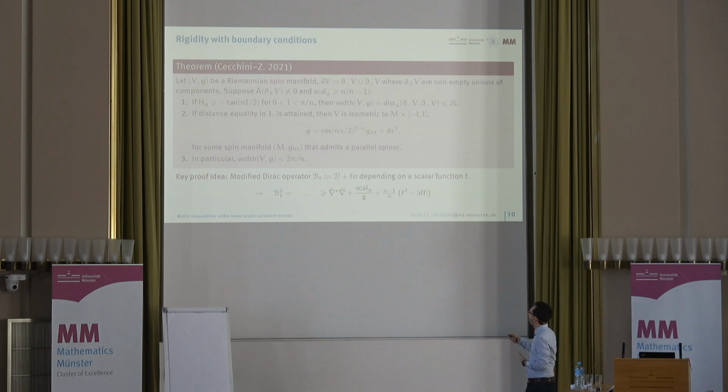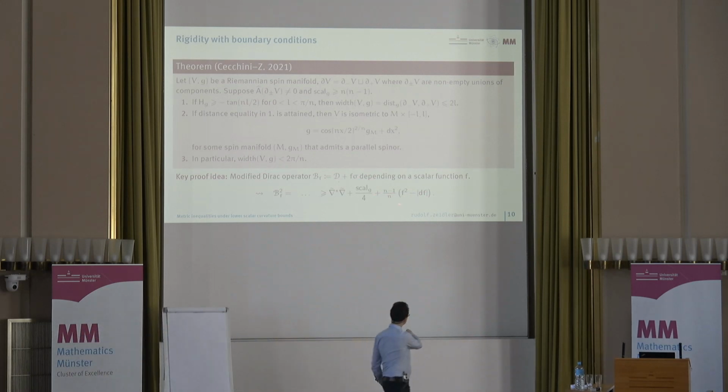In a sense, you cook up some function which depends on the distance to one of those boundary components. You then get a modified version of the Schrödinger-Lichnerowicz formula, which involves the usual term that we've seen before, and some other terms which involve the function.